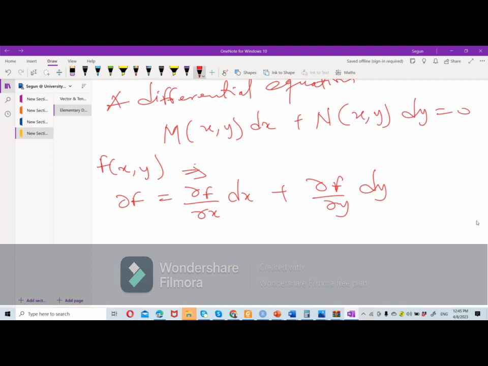So what it simply means is when you have M of x comma y, it's the same thing as the partial of f with respect to x, and when you have N of x comma y, same thing as the partial of f with respect to y. That is, anytime you have the function M, you are differentiating with respect to x. When you have the function N, you are differentiating with respect to y.